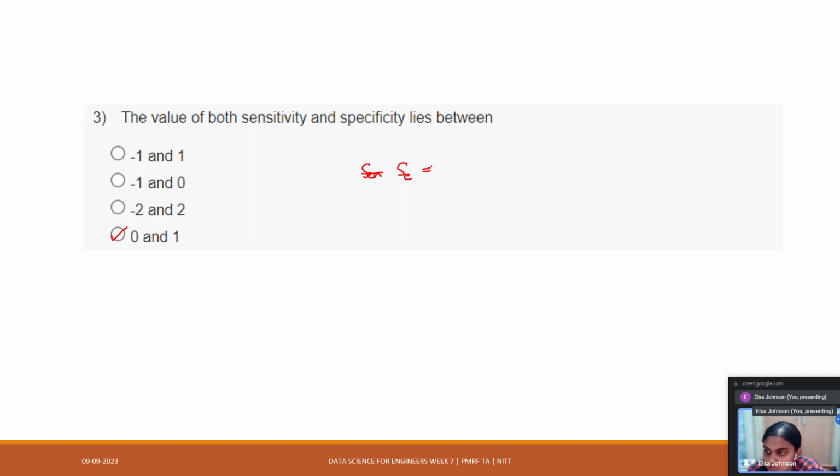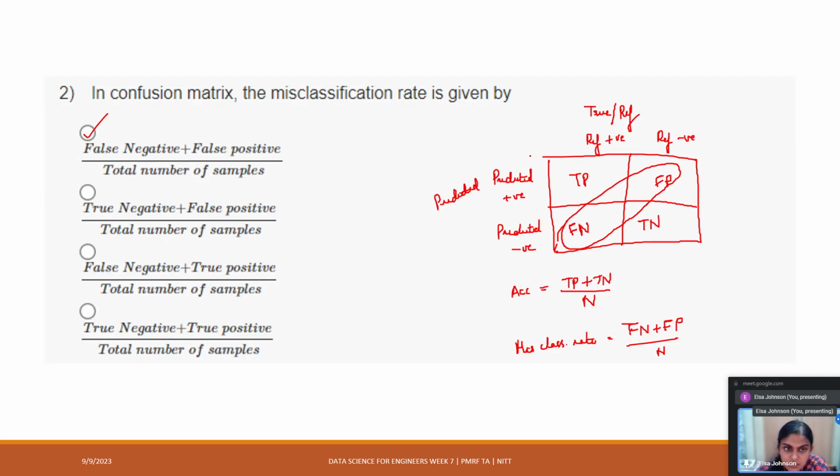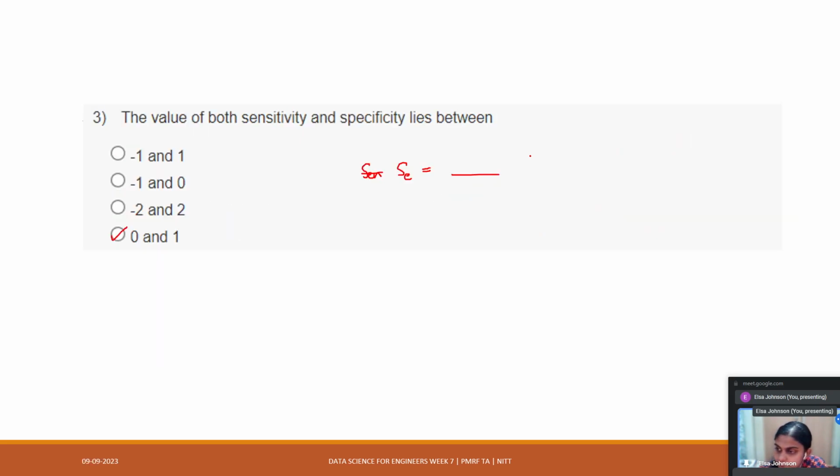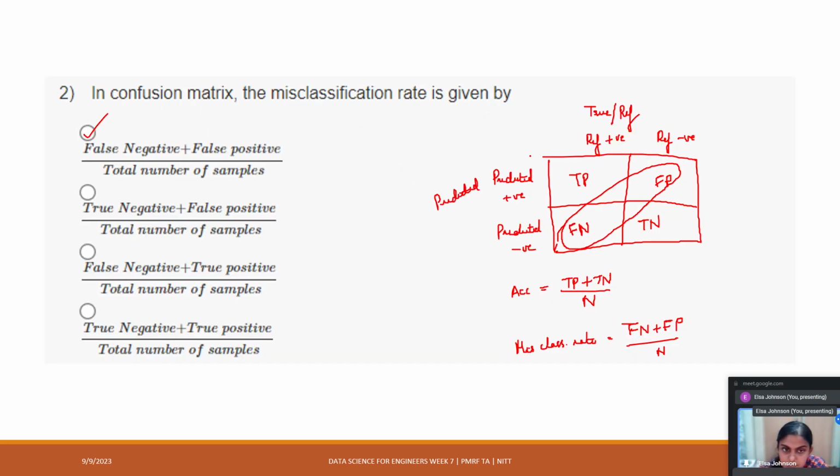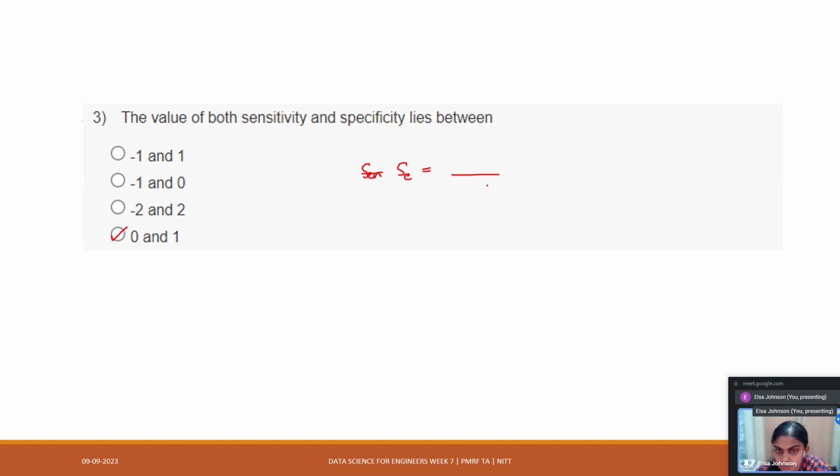How many positive things are identified, right? So that depends on how many are totally positive there. Okay, and from that, can you tell me? So the total number of positive samples: true positive is among the positive samples, and false negative is also among the total positive samples only.